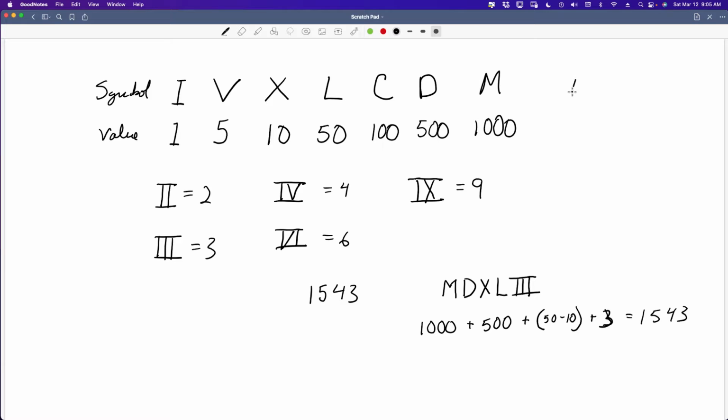And again, the first rule was no more than 3 of any letter.